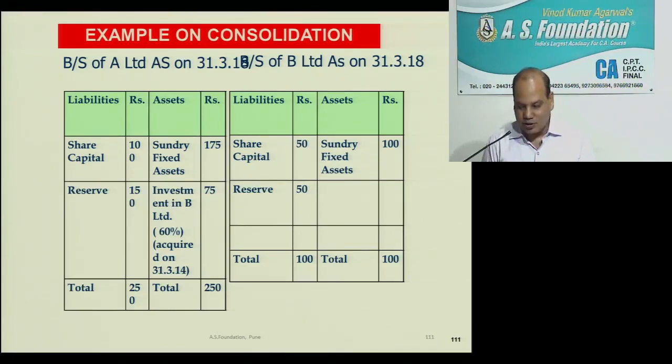Investment in B 70, 60% is the stake and acquired on 31st March 18. What is written in your book? No, make it 18. B Limited balance sheet: share capital, reserve, asset, total 100. Just do the consolidation.